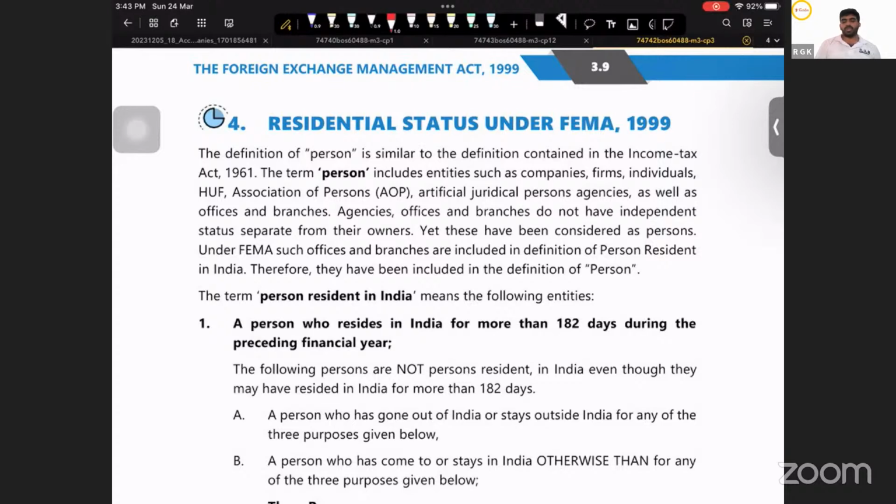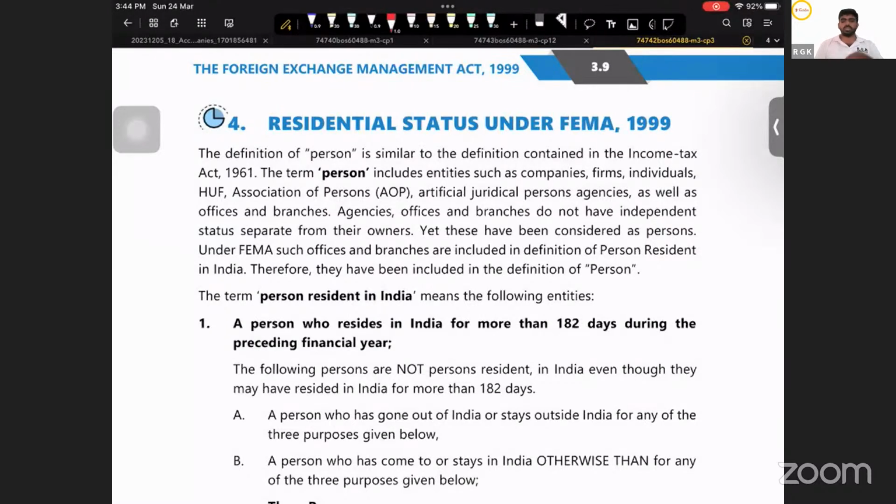Now, what does the definition say? It simply says, a person who resides in India for more than 182 days during the preceding financial year. We should see the first preceding financial year.